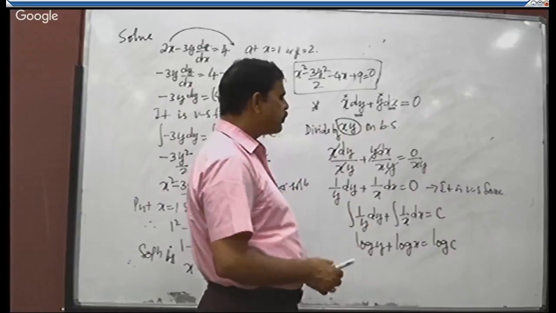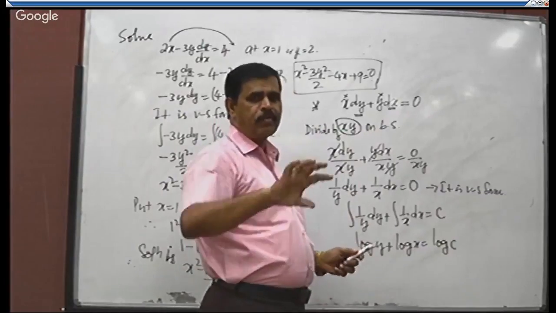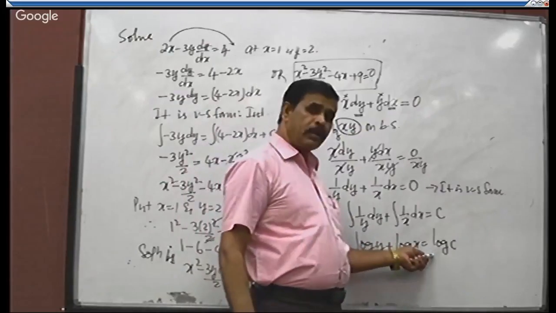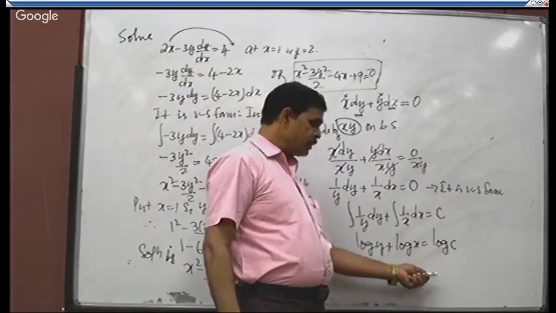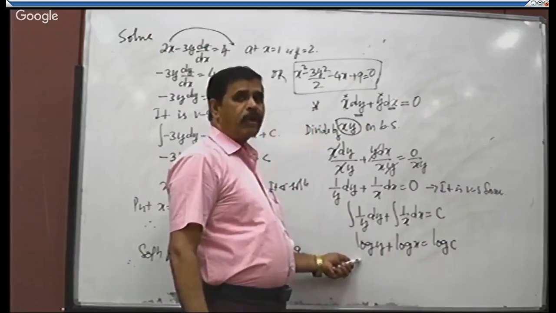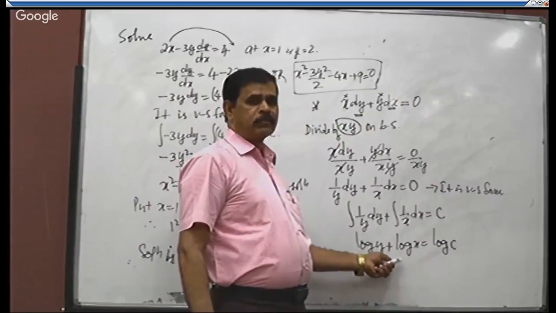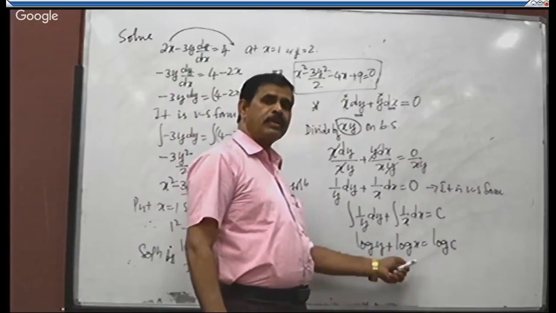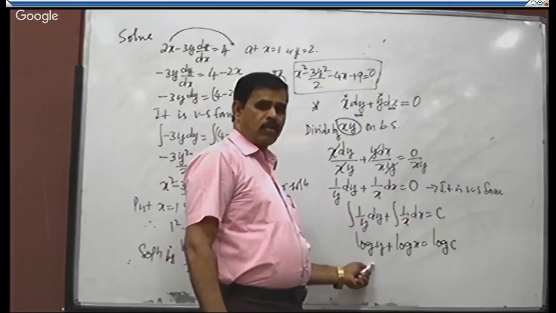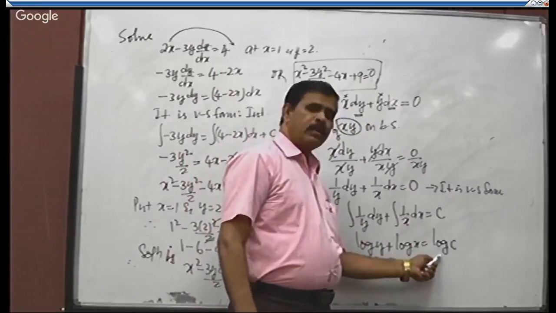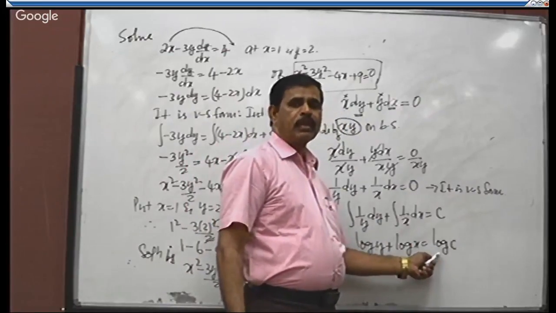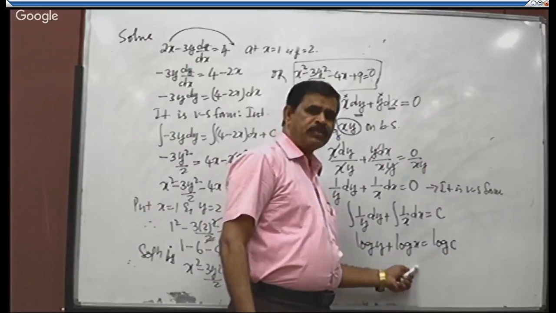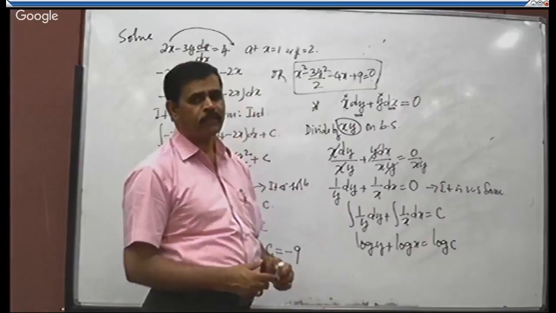In all the previous examples, I took only C. But here I am taking log C because on the left side we have both terms in log. If the solution is in log form, then on the right side, instead of C, take log C, because this will help you simplify further.